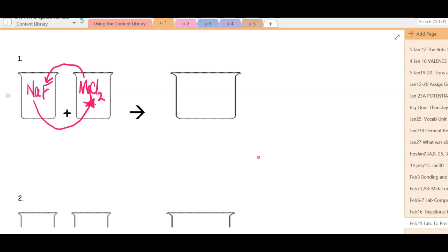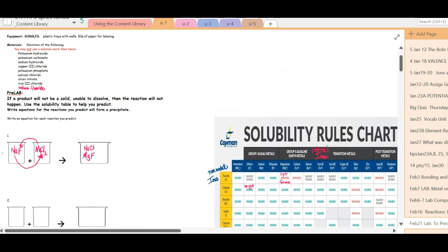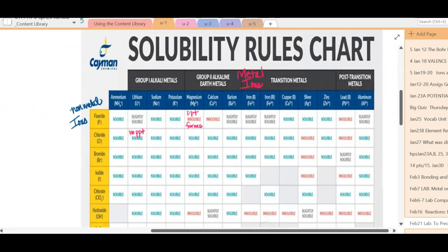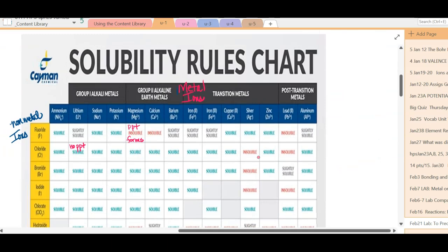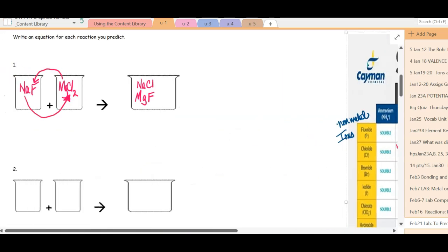So we should get sodium chloride and magnesium fluoride. Now we just go see. I think we saw that magnesium fluoride is right here. It does not dissolve, whereas sodium chloride is soluble. NaCl does dissolve.